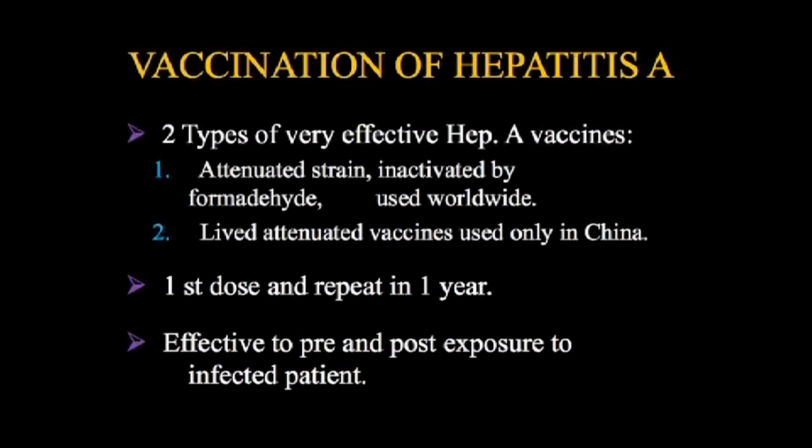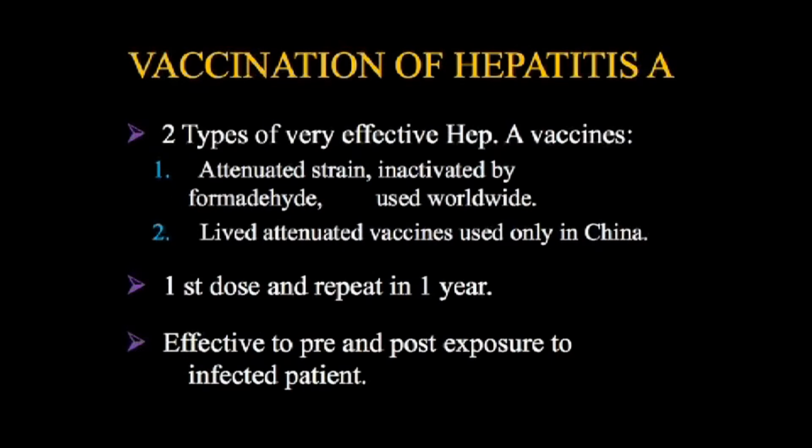So earlier you mentioned the vaccine for the hepatitis A virus. Can you tell us how effective this vaccine is, and how does the vaccine protect our body? Very effective, because right now we have the Hep A vaccine in 2 types. The first one is inactivated virus, used worldwide right now. The virus was killed or inactivated.